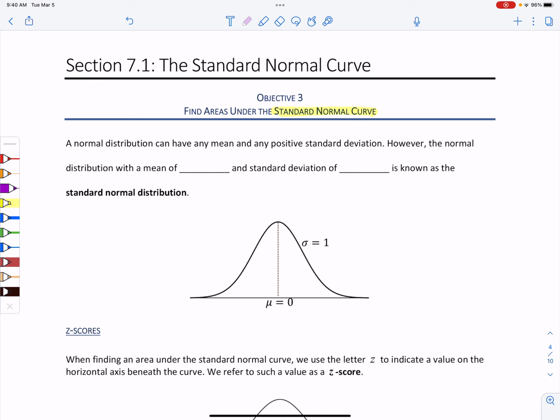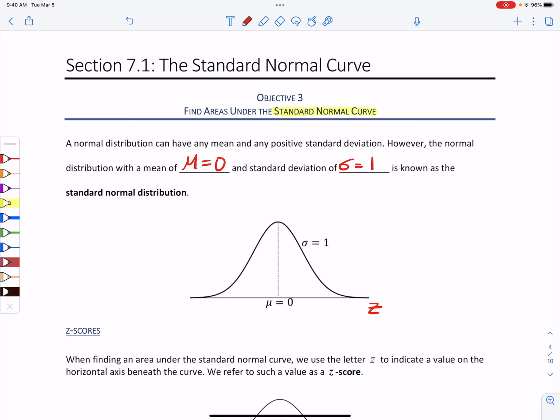Now, things to note about a standard normal curve: it always has a mean of 0 and a standard deviation of 1. And it is always made up of z-scores. So the values on the horizontal axis, when you look at your standard normal curve, will be labeled as z, and they'll have mean 0 and standard deviation 1.